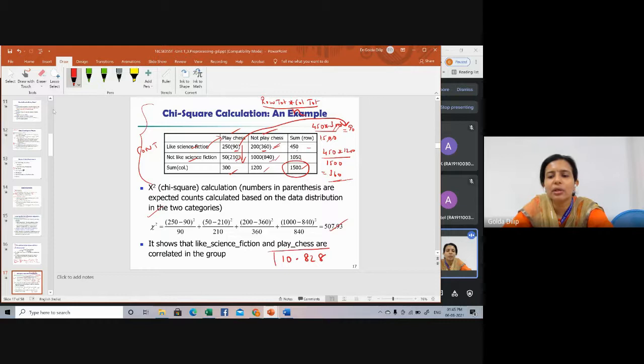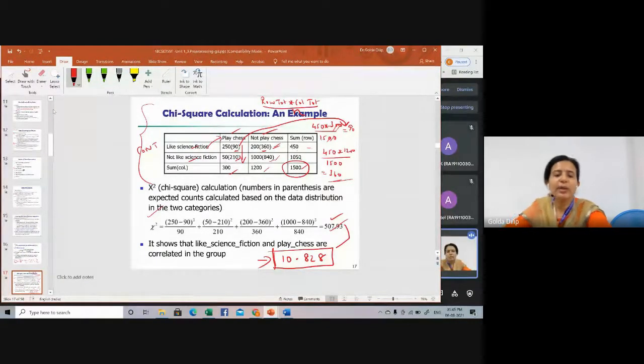This is based on the chi-square distribution table available in any statistics textbook. From the table we get 10.828, whereas here we have computed 507.93. So our computed value is greater than 10.828.